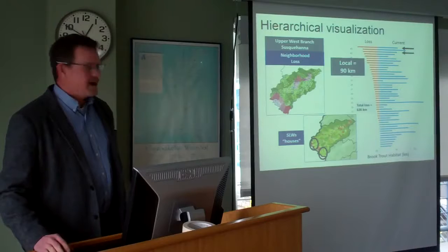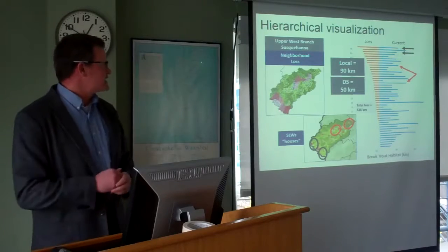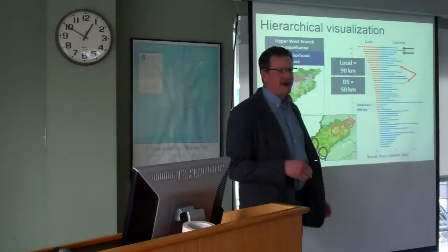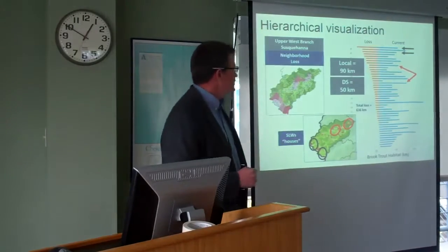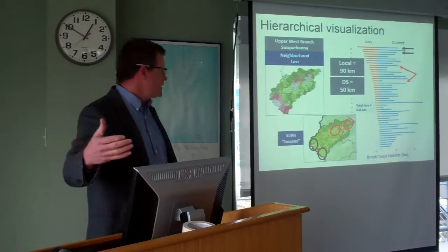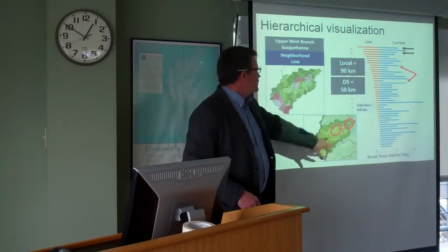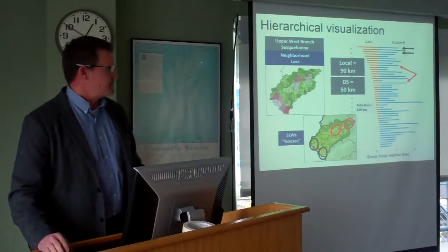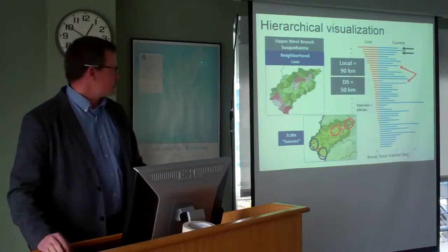And let's say we then go in and do some work. Well, the key point is that we can expect downstream to capture additional brook trout habitat in that watershed. And we can quantify that benefit downstream by doing this action here. So we restore locally 90 kilometers and ultimately get 50 kilometers back. And that's from the perspective of brook trout.